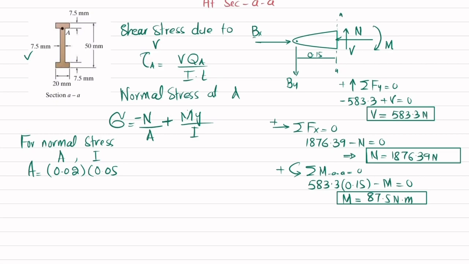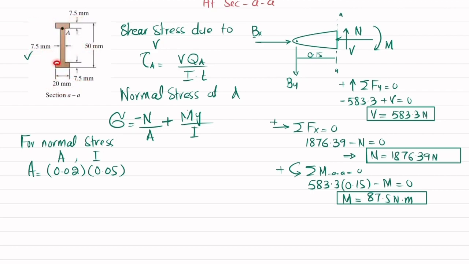This is the area of this rectangular cross section, so we will subtract the area of these two shaded portions. This height, you can see, is 50 minus 7.5 minus 7.5, which is 35, and thickness is 7.5. Clear? So thickness 7.5, so 20 minus 7.5 will be 12.5.